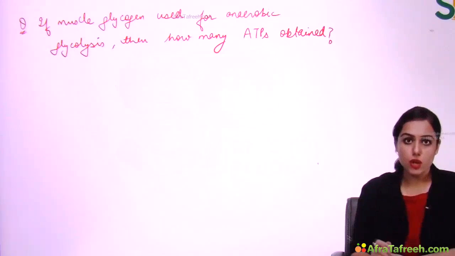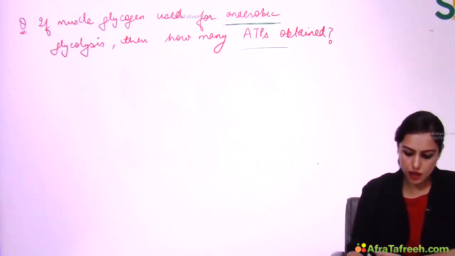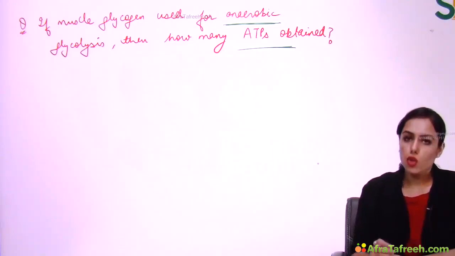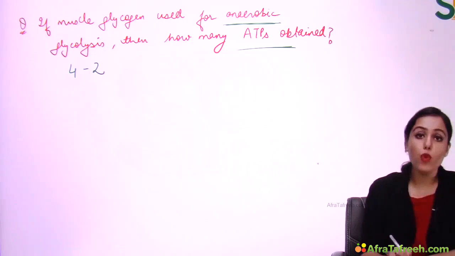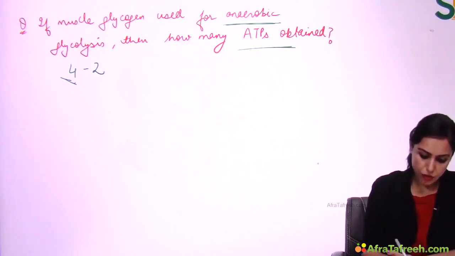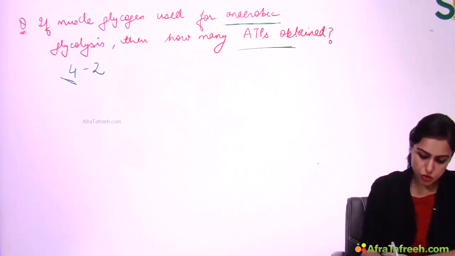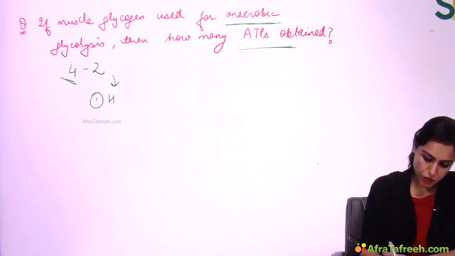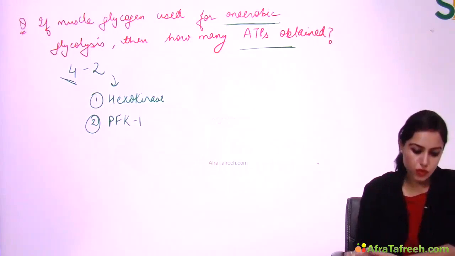So see this question now: if muscle glycogen is used for anaerobic glycolysis, then how many ATPs are obtained? Normally when we do anaerobic glycolysis energetics, it is 4 minus 2. What is this 4? 4 is substrate level phosphorylation ATP production. What is this 2? 2 ATPs: 1 ATP used at the hexokinase step and the other ATP used at the phosphofructokinase 1, PFK1 step. This is the energetics which we do.